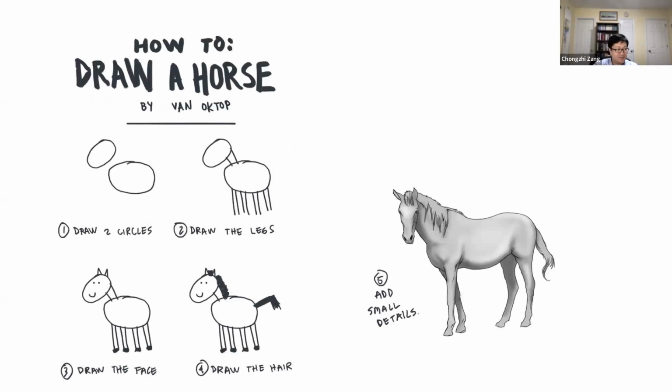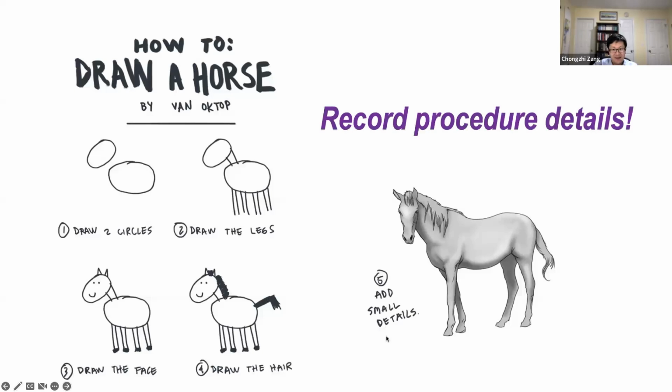I like to use this cartoon to end many of my lectures, because what I give you in any lecture is just an oversimplified version of instruction compared to the small details. But in this lecture in particular, I want to use this to emphasize that when we do the experiments and the data analysis, recording the procedure details is very important, and that is also important for reproducibility, right?